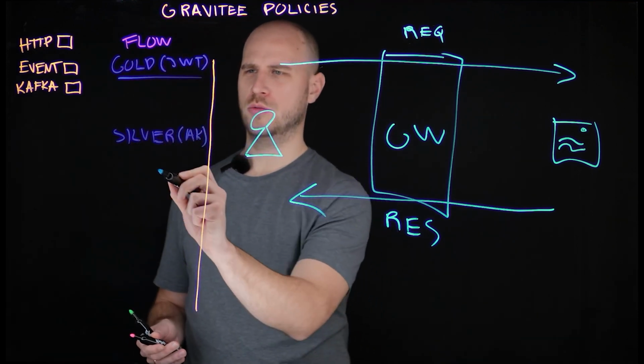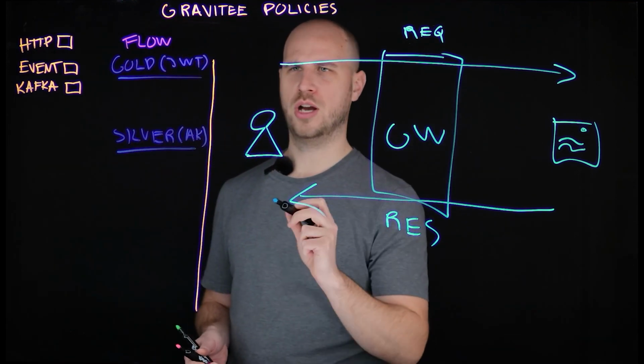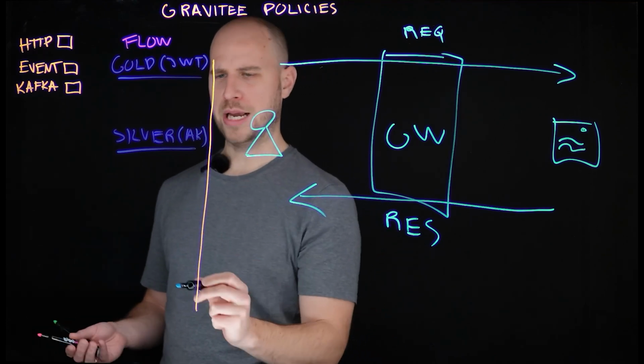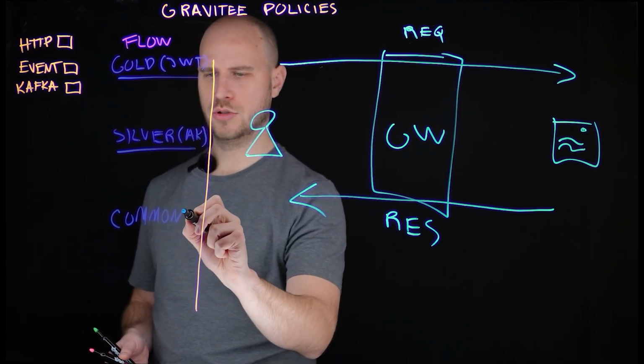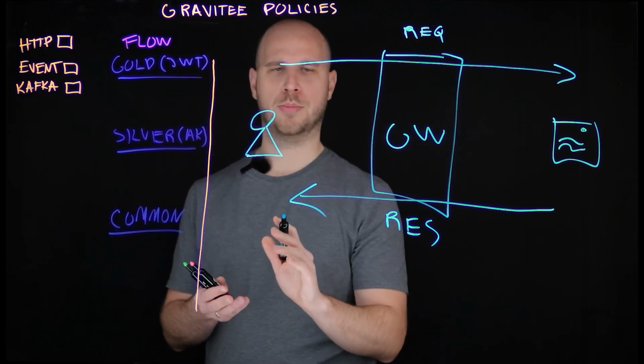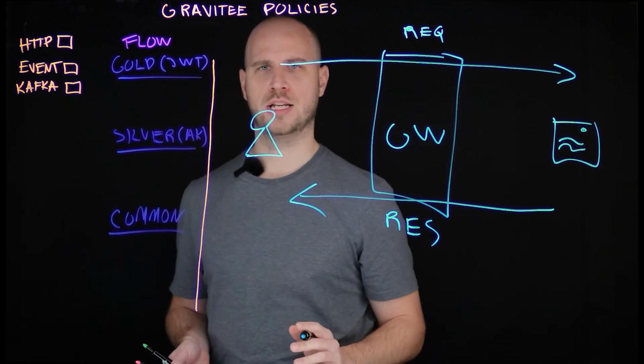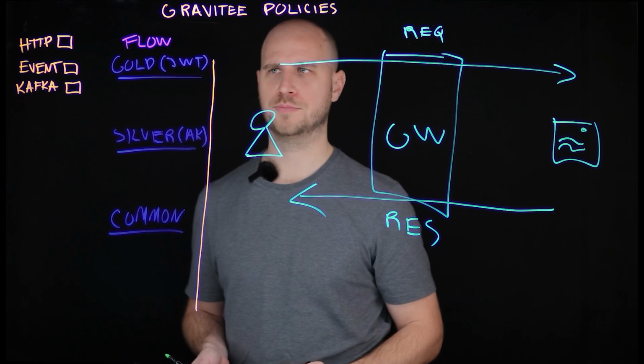Now what you can do in Gravitee is decide to have policies applied based on whether a specific plan is in use, or you might have policies applied regardless of what plan is being used. That is what we call common flows.